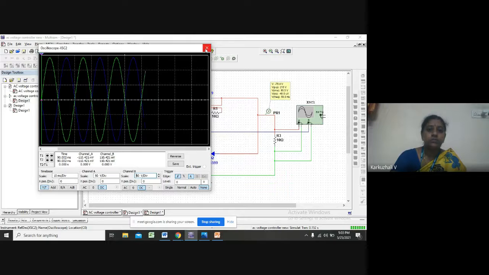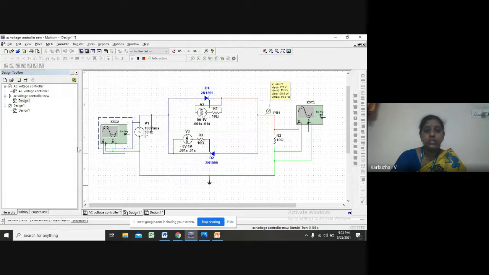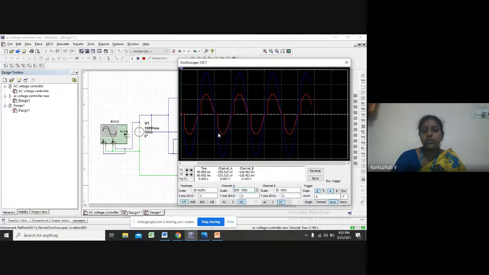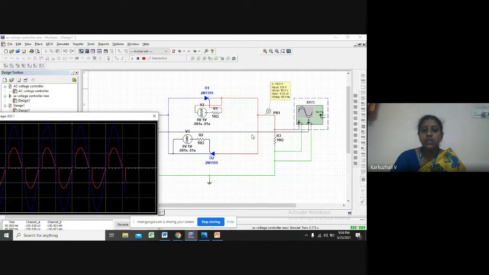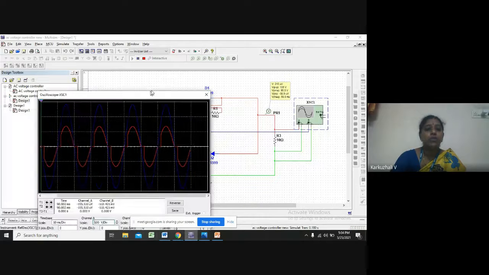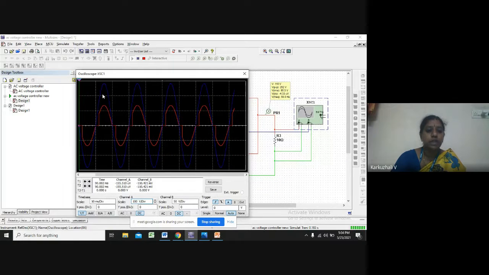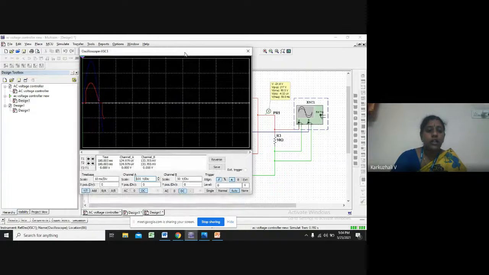Similarly, we can see the output waveform across the load here. Now you can see the output waveform. As I said, the blue one gives you the input and the red one gives you the output. The blue one is your AC input that is being connected, and you can see the output is also available, and the channel scale you can change over here.